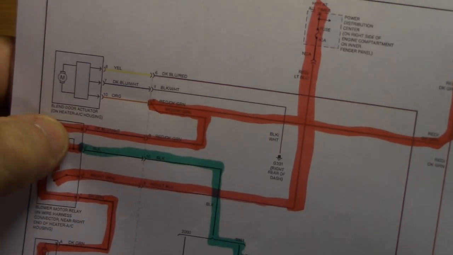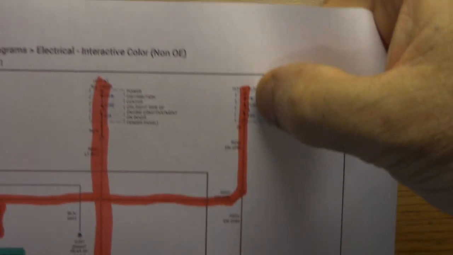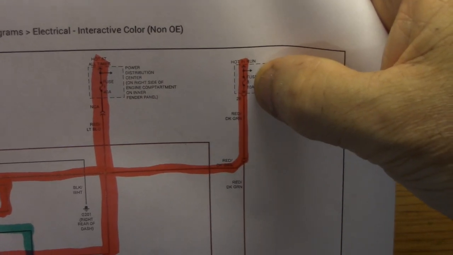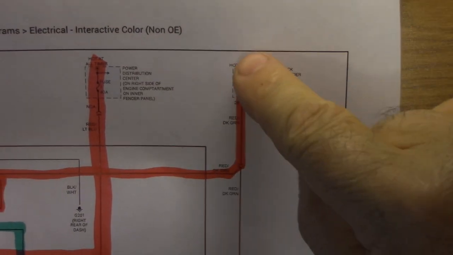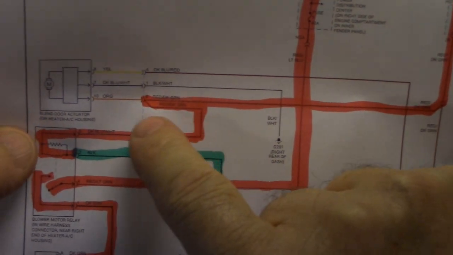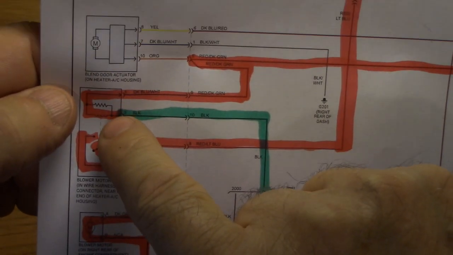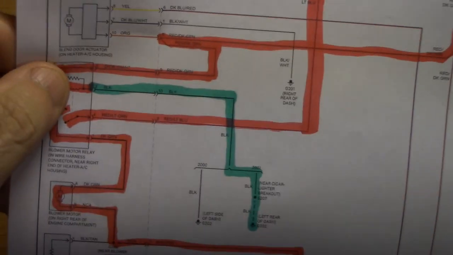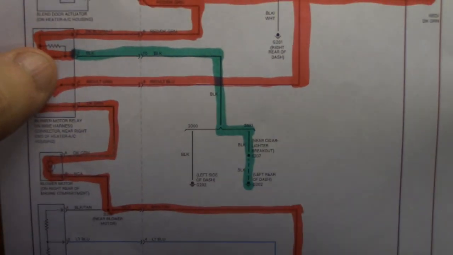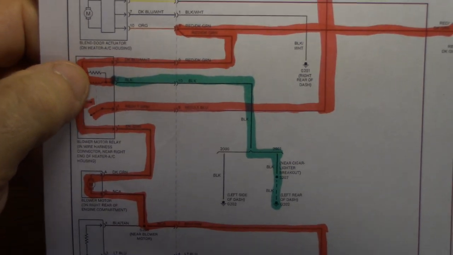And this part of the circuit is only hot when the key is in the run position. You turn the key on, power goes through here into the blower motor relay, and then the ground side of it comes out and down here. When you turn the key on, what that does is it energizes this.